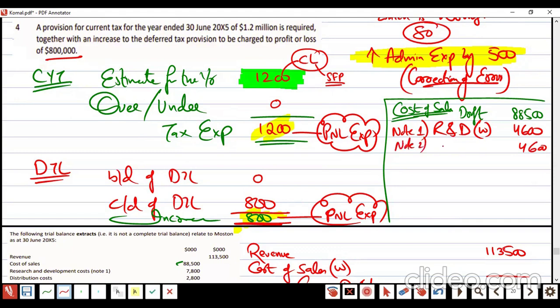Note two, depreciation. There is nothing else they mentioned to charge here. So the answer is, cost of sale is how much? 97,700.